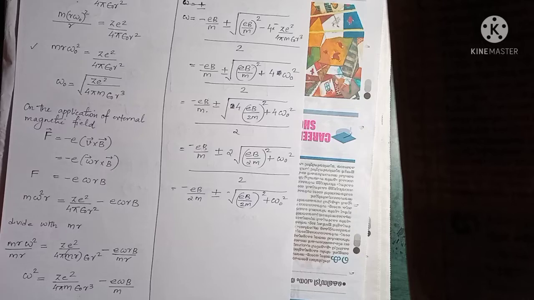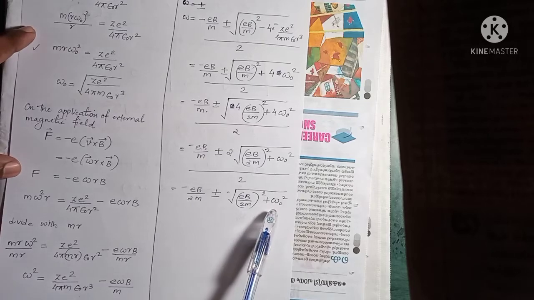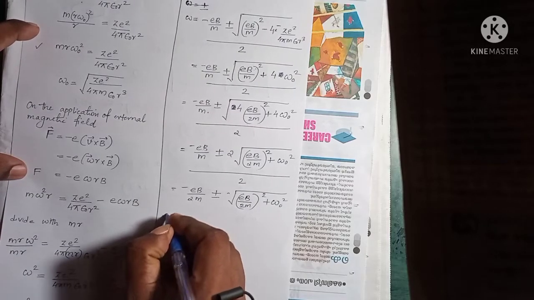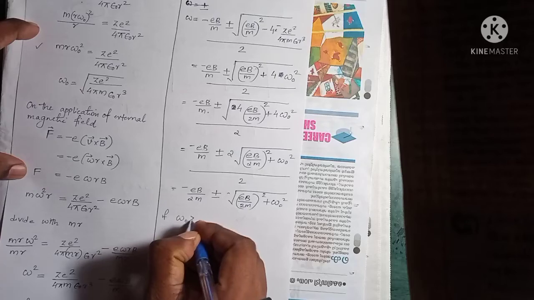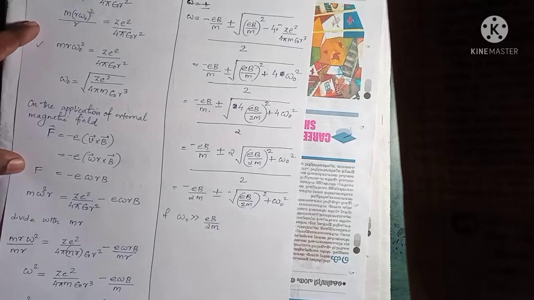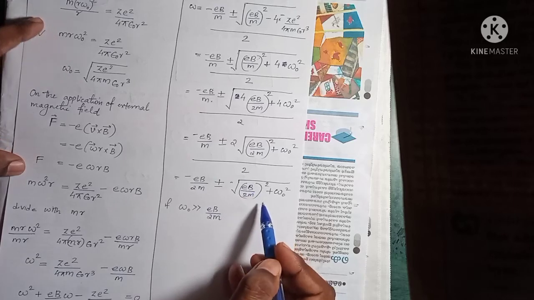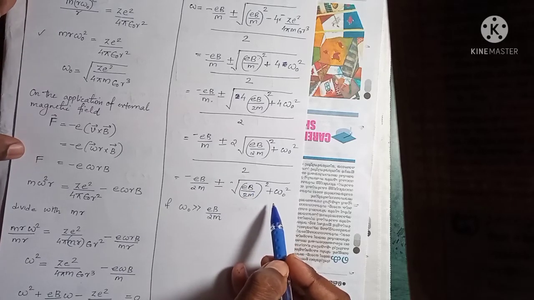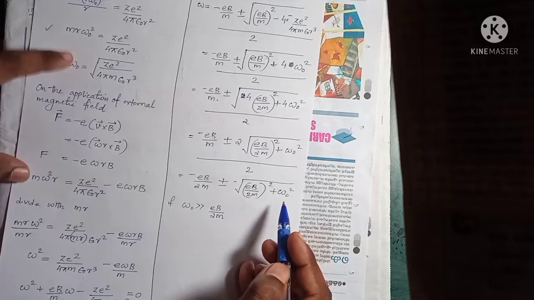And in the case when this angular frequency omega naught is much greater than eB upon 2m, then eB upon 2m whole square will be negligible compared to omega naught square.